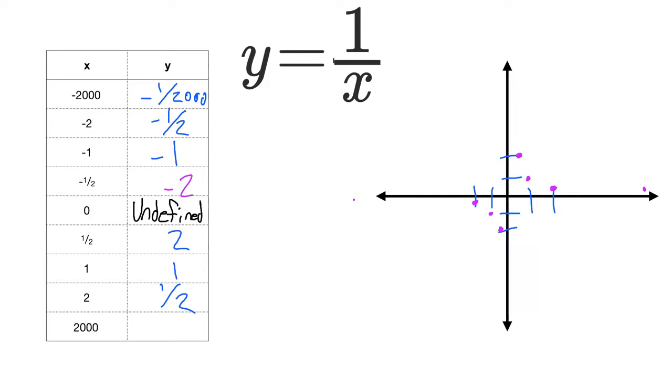Same if we go out to the positives. This would be 1 over 2,000. And if I did the opposite, did 1 over 2,000 as my x value, as you can guess, we would end up going very significantly higher the closer we got to 0. Meaning our final graph ends up looking like this whenever we graph it.